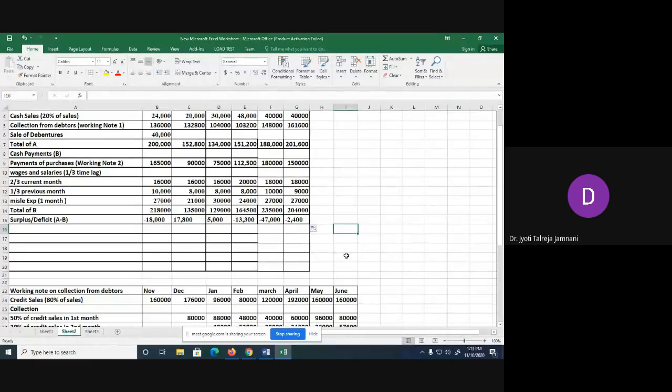So if you see, in the first month only we have deficit of 18,000. Then Feb and March there is surplus, and April, May and June again there is deficit. Okay, so these are the values.